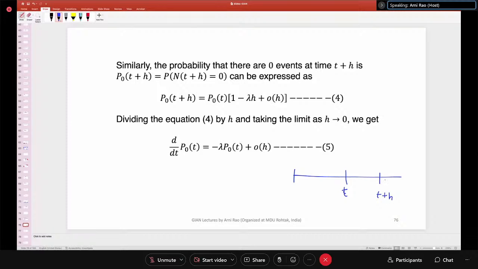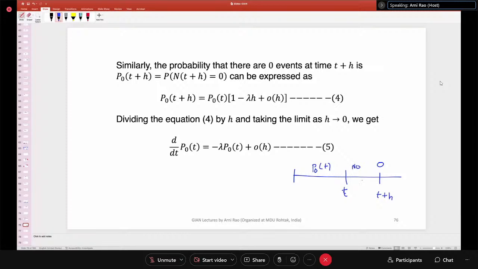The number of events is 0, that means the probability of having 0 here and no events. That's the only option, because if there is already one event, one event is gone, eliminated, such a probability is not there in this counting process.